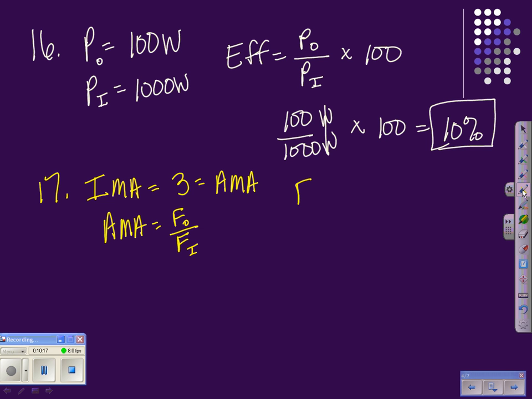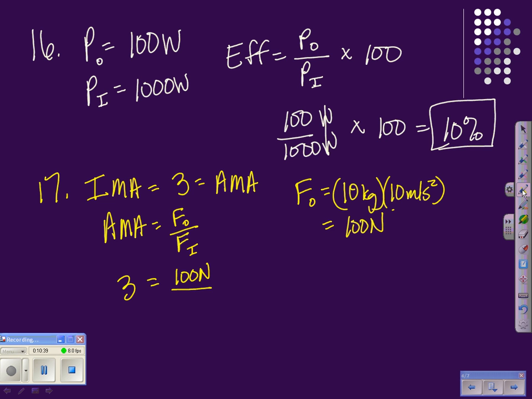If I'm lifting a load of 10 kilogram mass, then that force is 10 kilograms times gravity, which is 10 meters per second squared. So 10 times 10 is 100 newtons. So 3 equals my 100 newtons over my input force, which is what I want to find, because I want to know what force is necessary.